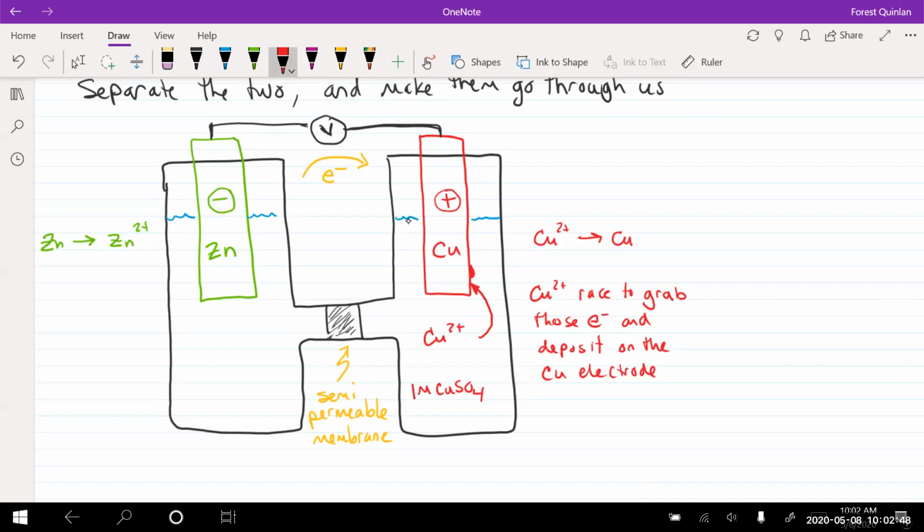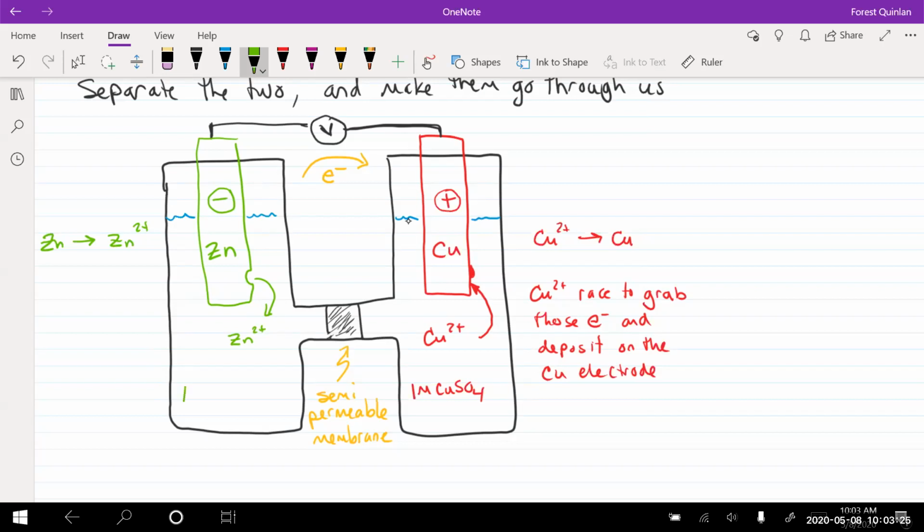Now conversely, in order for those zincs to suddenly spit off the electrons, they have to become zinc ions. Well, zinc ions can't just sit on the solid. So what ends up happening is that the zinc will now have to spit off some of itself in the form of the ions.